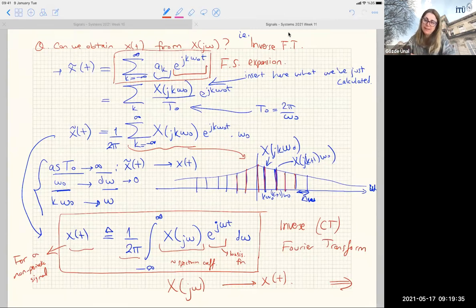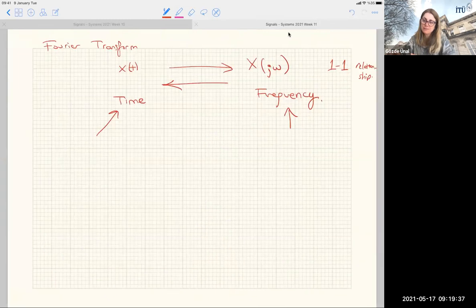Then you go back to reconstruct the signal. So this is the forward Fourier transform, and this is the inverse Fourier transform coming back. It's important to have this one-to-one relationship.